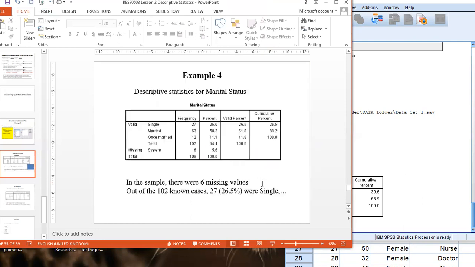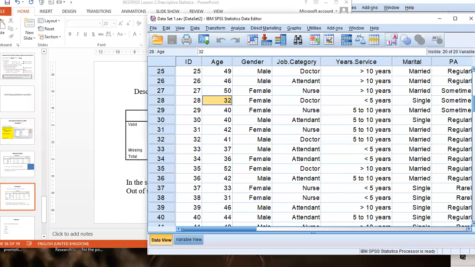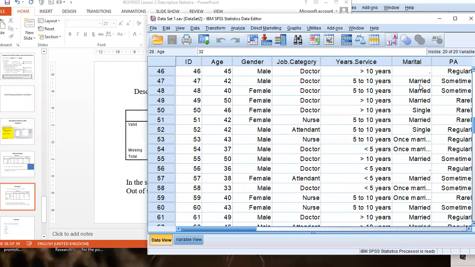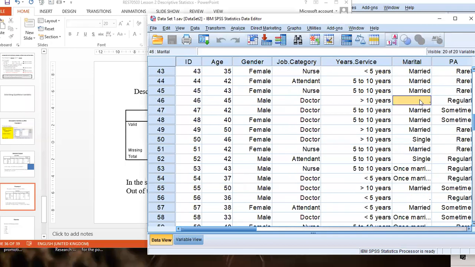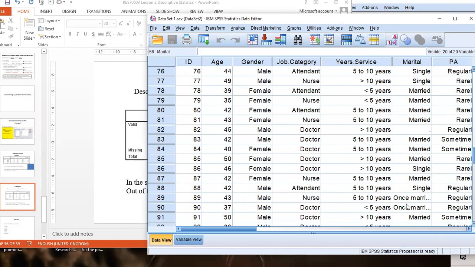Okay, look at the next one, marital status. In marital status, single 27, married 63, once married 12. What about the 6 here? Missing. That means these people did not mention their marital status. They did not reveal it for some reason, so we count all this.